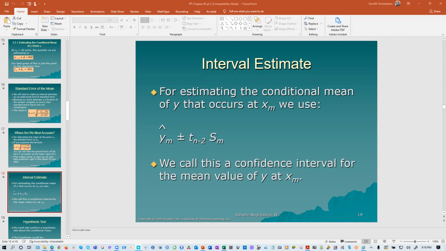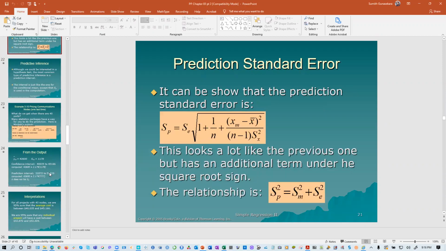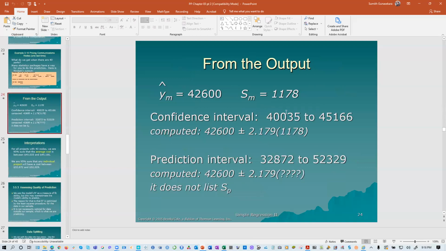Let's go through this interval one more time. This one would be given by the confidence interval, and this one is the prediction interval. For the same number, the confidence interval would be this to that, and the prediction interval should be 32.872 to 52.